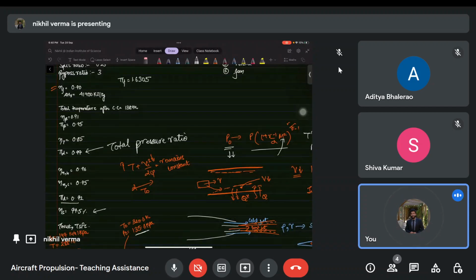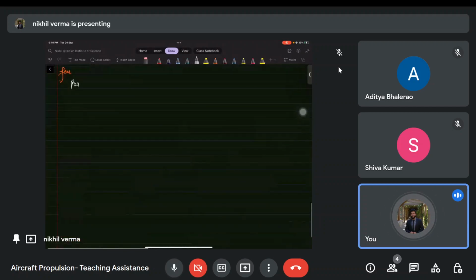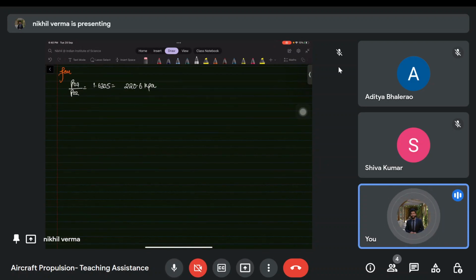So with this, let us calculate what is P naught 7 by P naught 2, which is 1.6305, and if you substitute, you will get 220.6 kilopascals. Again, to find the temperature T naught, it will follow the same procedure. You have the efficiency of the fan.